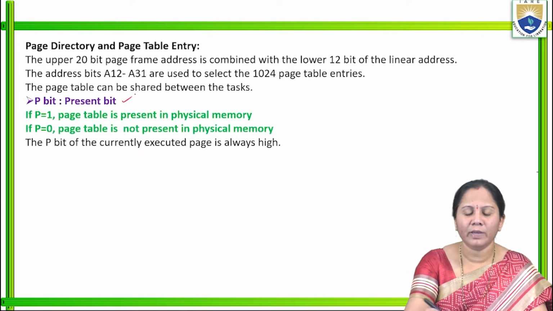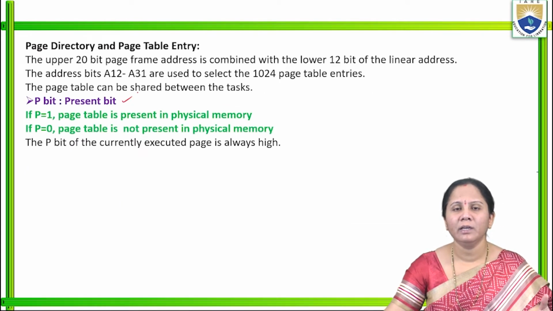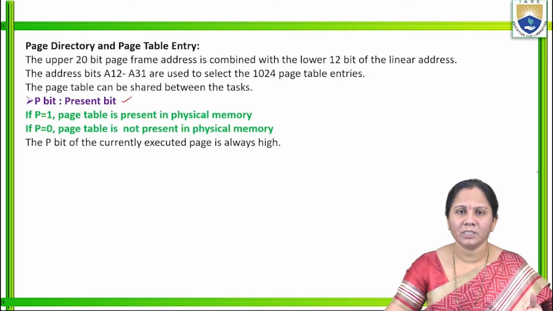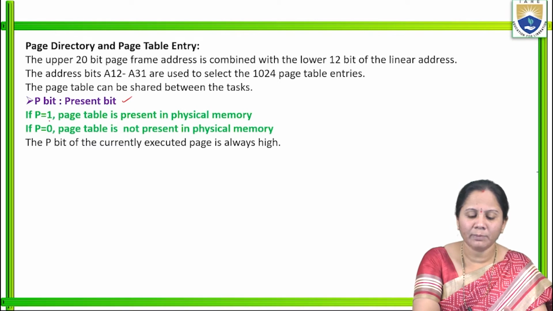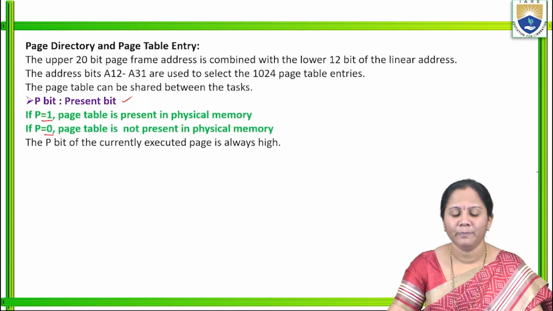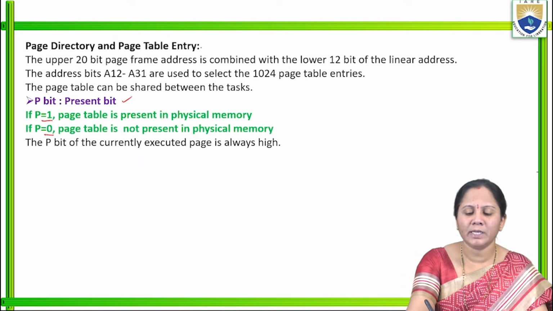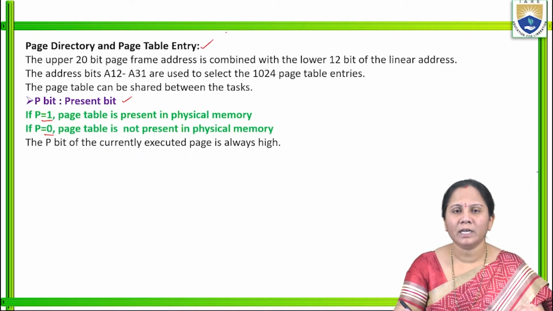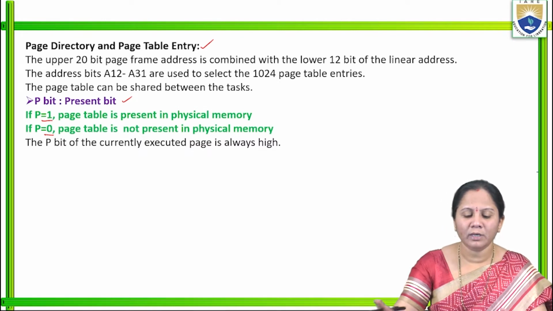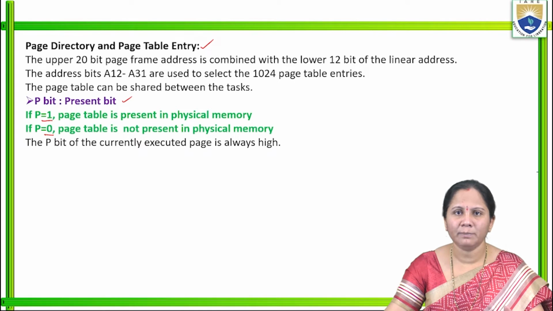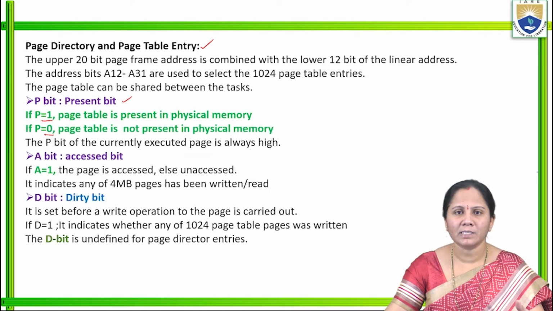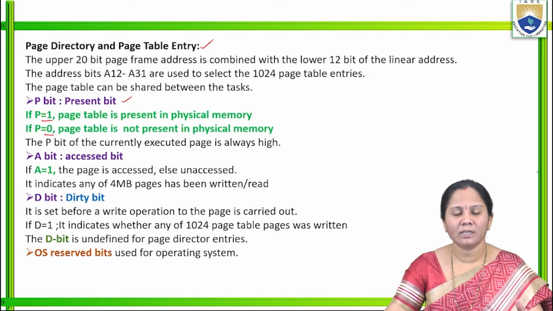So here we have to explain the bits regarding the function when they are enabled and when they are disabled. What is the function? Here, enabling means that bit should be 1 and disabling means it should be 0. So the page table and page directory entry consist of some common bits and some bits that are different. Here P represents present bit, A means accessed bit, D means dirty bit, and OS reserved bits.